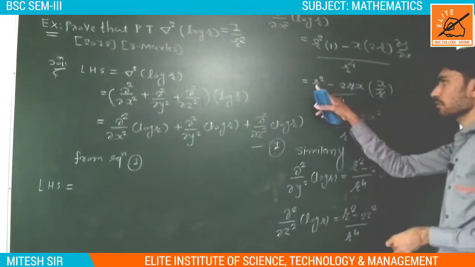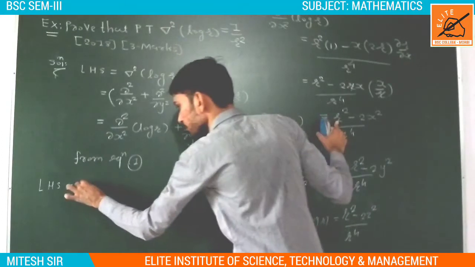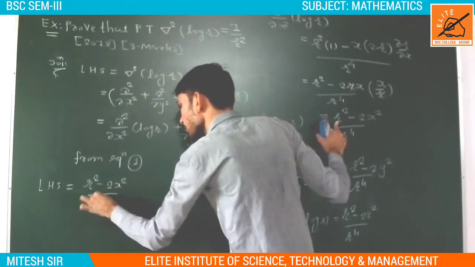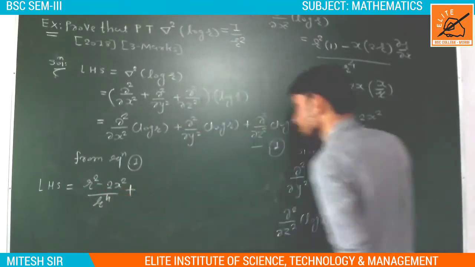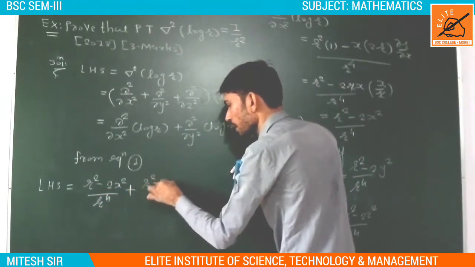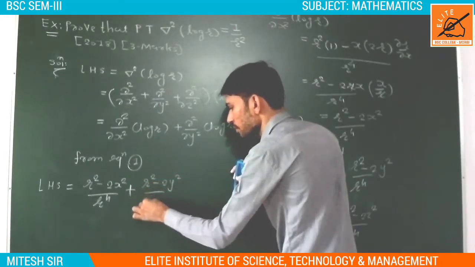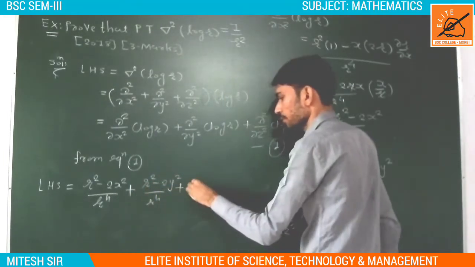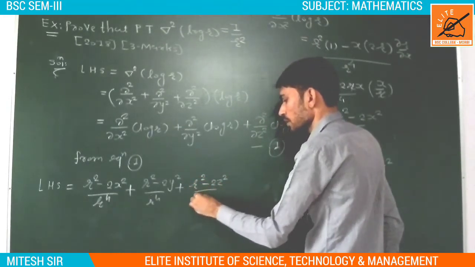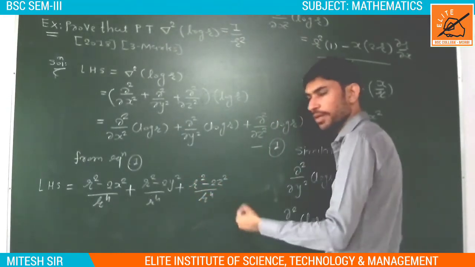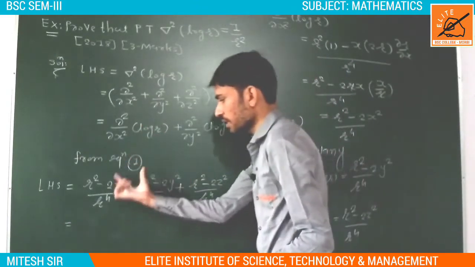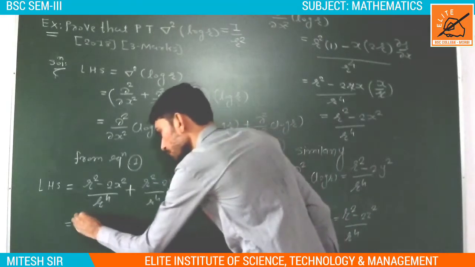Here we get r square minus 2x square upon r raised to 4, plus we substitute the second value, r square minus 2y square upon r raised to 4, plus r square minus 2z square upon r raised to 4. Just simplify, you get the answer. Friends, the common factor 1 upon r raised to 4 comes out of the denominator.